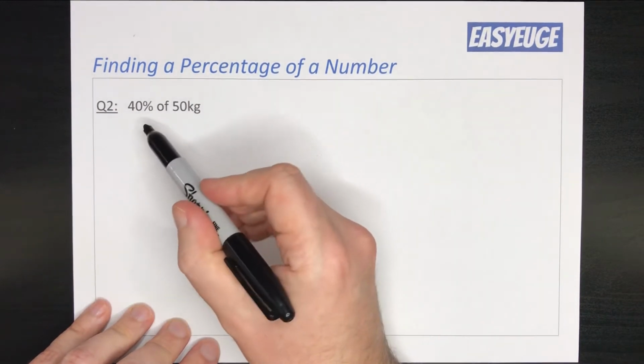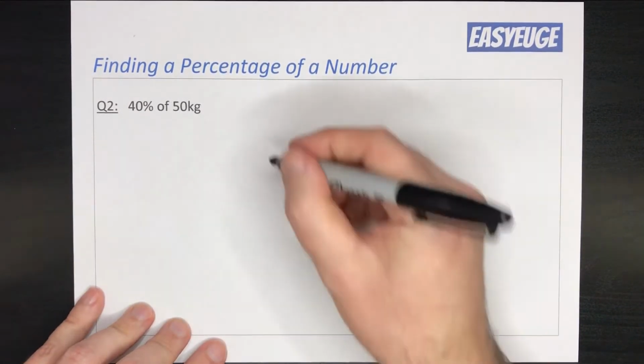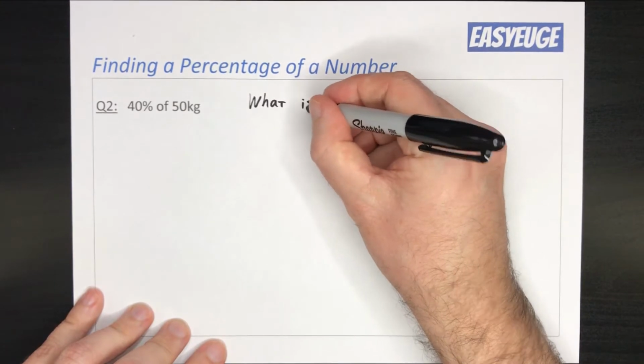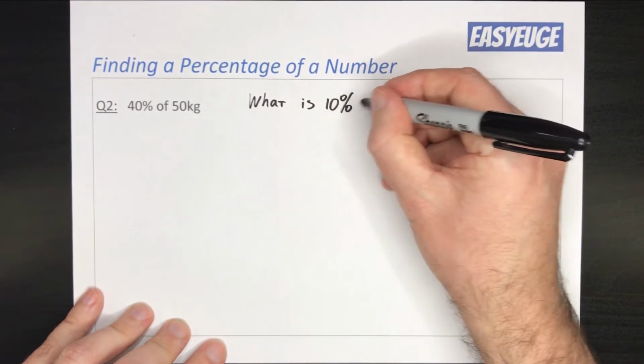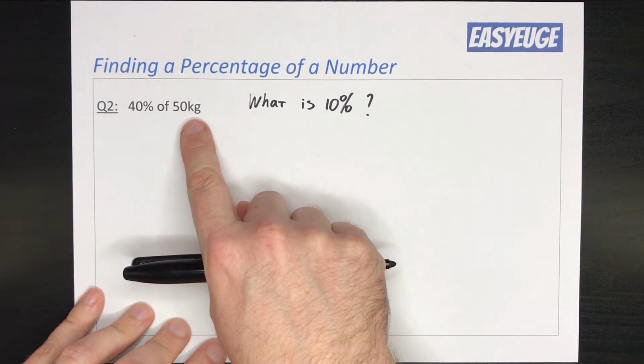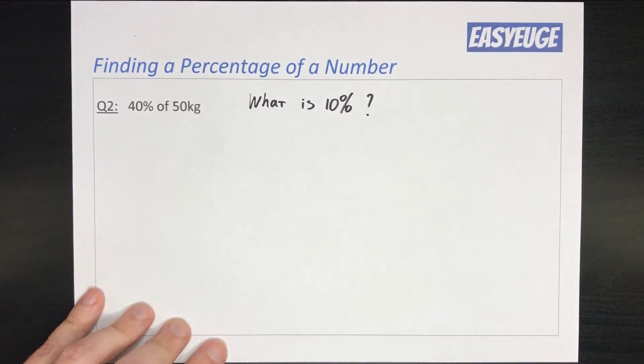So before we start, remember we started with 10% on the last example. So why don't you ask yourself the question, what is 10% of 50 kilograms? Well, it's simply a tenth of 50 kilograms, or 50 divided by 10.